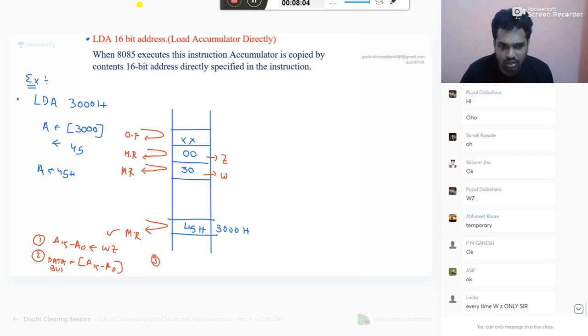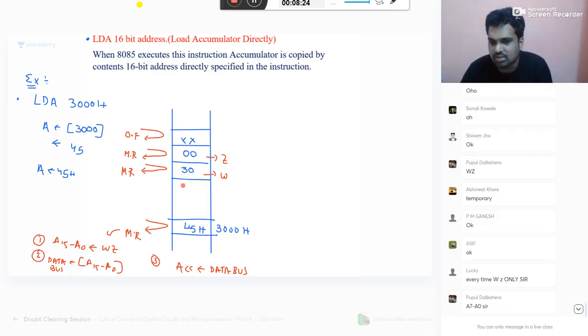Then in the third machine cycle, the accumulator is copied with the data bus. These are the things that happen here, in most of the cases. If something is different here, I will explain. Okay, because here the program counter will not go there. The program counter will be staying here only. It will continue its operation after this also. After this also, the program counter will continue from here. It should not move every time from here to here.